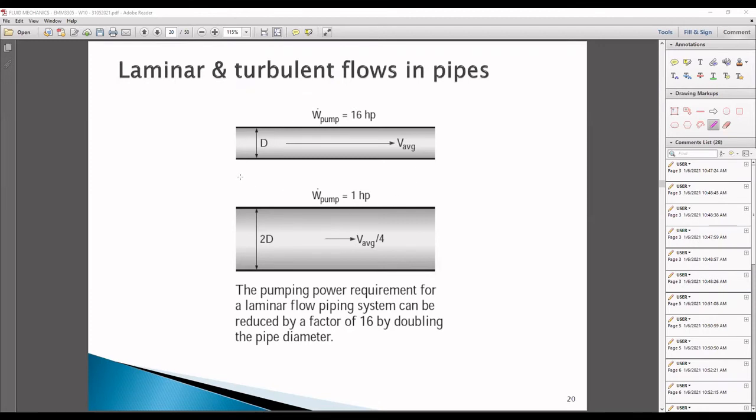On the top here we have the pumping power, W dot pump, equal to 16 horsepower, and the diameter is D. Whereas down here, you increase the diameter to double the diameter of the pipe, and then you can see the power requirement is only 1 horsepower.